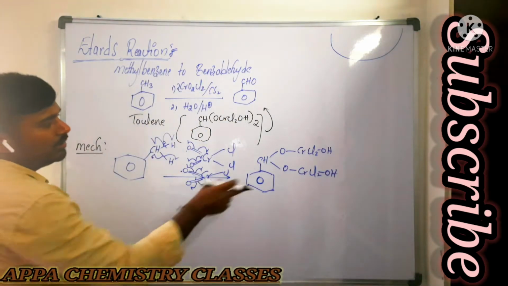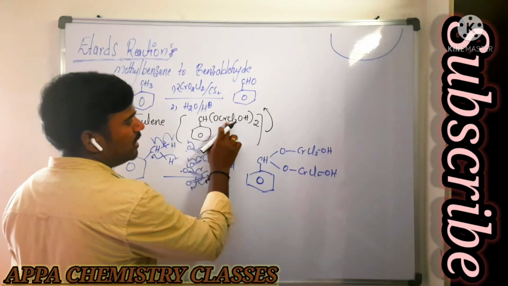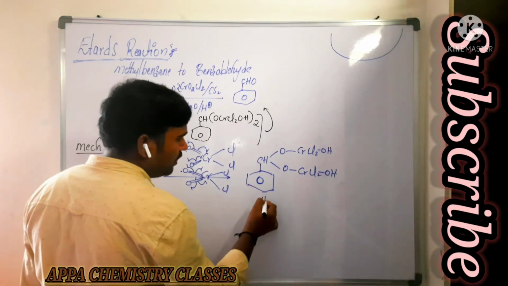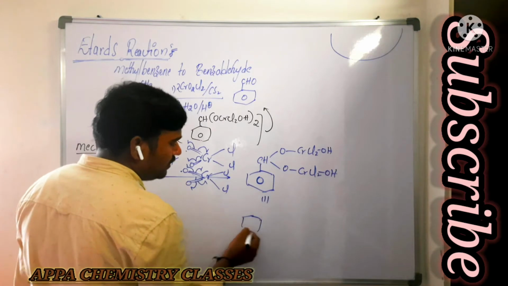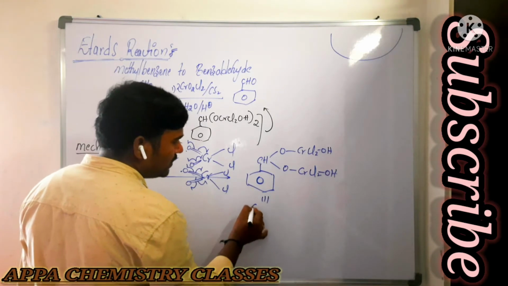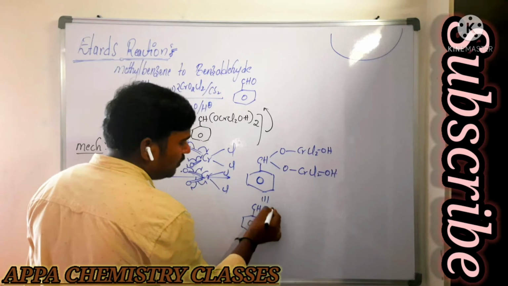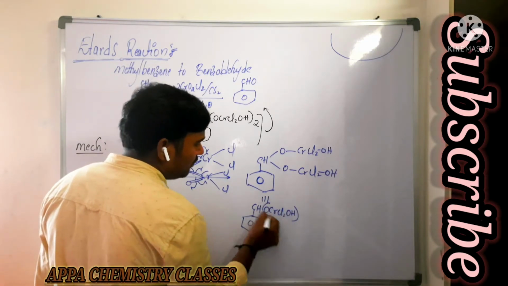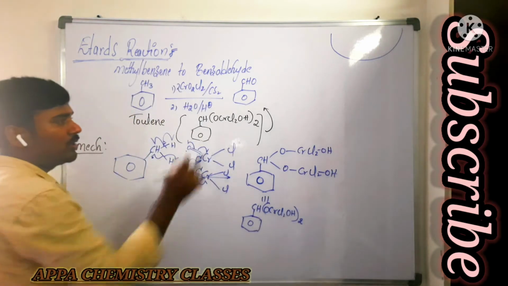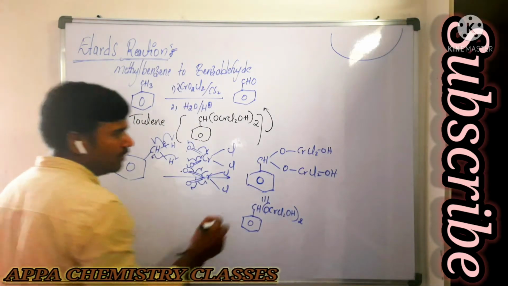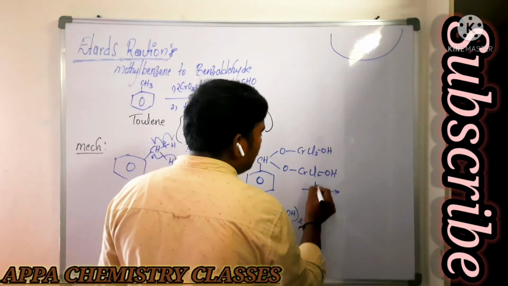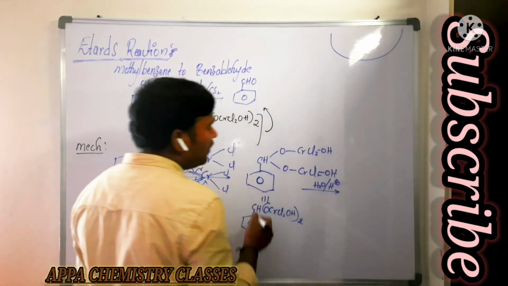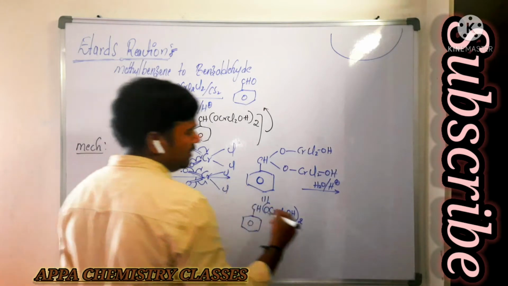Is that clear? The same compound can be written as C6H5CH(OCrCl2OH) taken twice. This is the intermediate compound, which upon hydrolysis in acidic medium gives benzaldehyde.